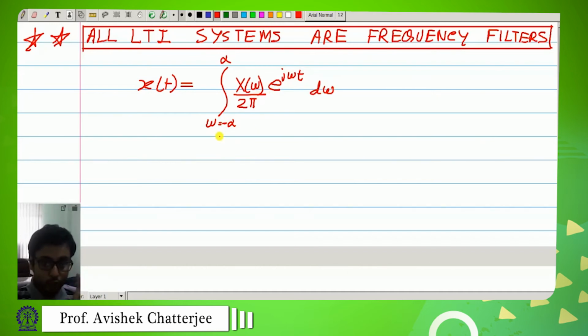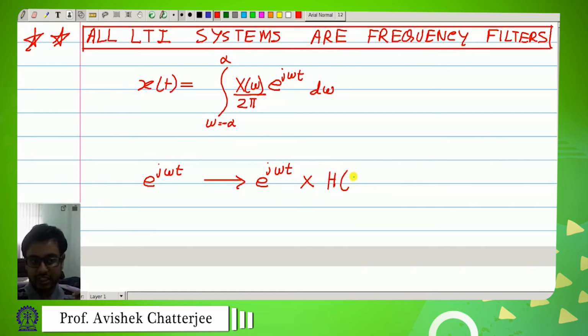And then we know that these exponential signals are eigensignals of LTI systems. So when you give e to the power j omega t as the input to an LTI system, the output will be the same thing, e to the power j omega t, same signal with same frequency, but multiplied with a constant which is H(j omega), the Fourier transform of the impulse response.